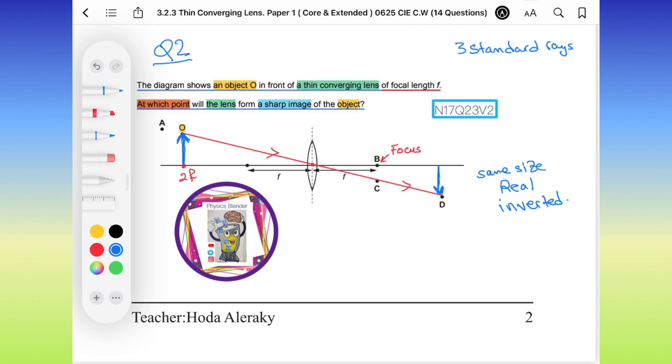Okay, so you have to choose D, not C, because in C the image will be smaller, not same size. Okay, so you have to revise all cases where the object is located and how to describe the image which will be formed. So the answer of this one is D.